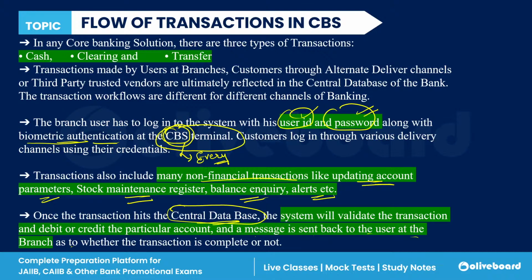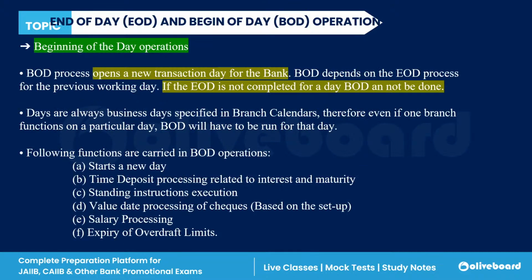Then a message is sent back to the user branches as to whether the transaction is completed or not. So this is the flow of a transaction in the core banking solution.